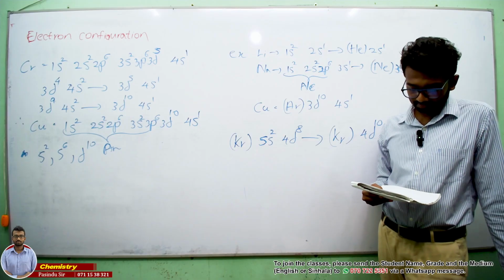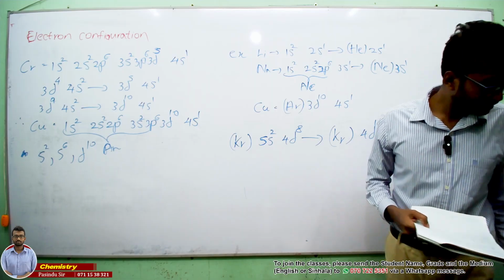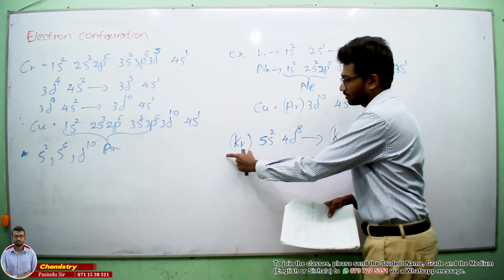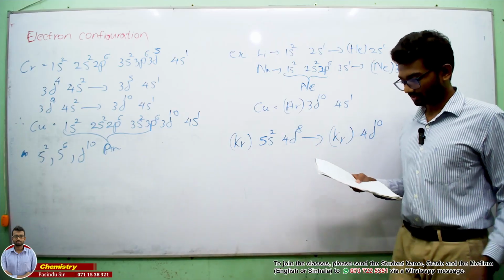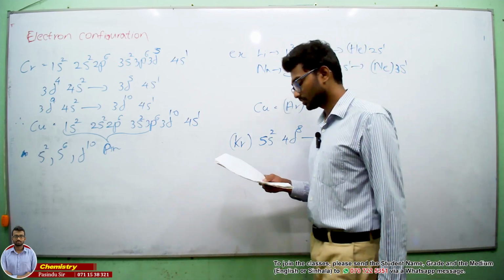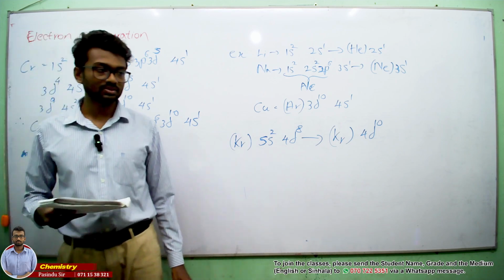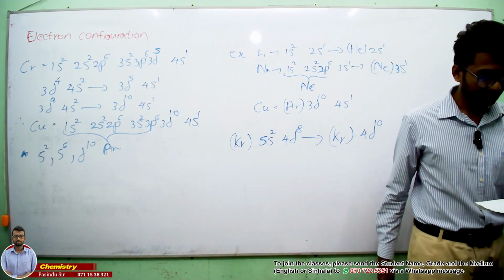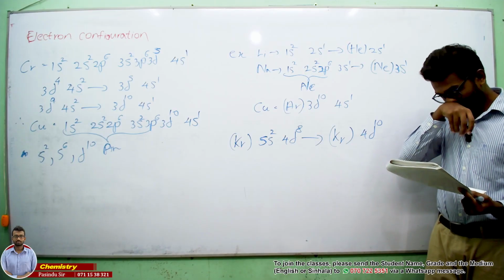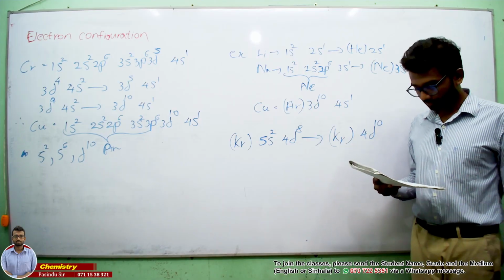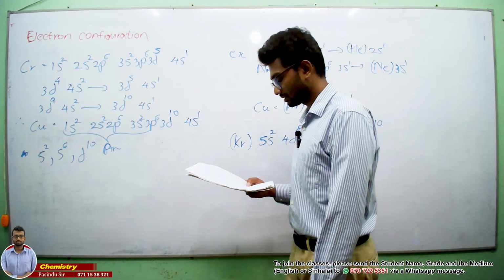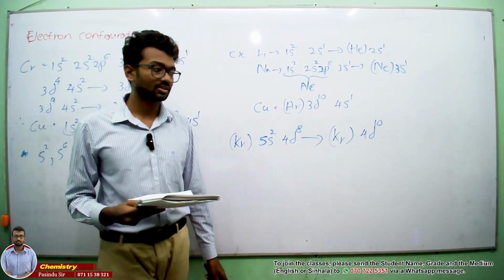In palladium, the Pd electron configuration should be this configuration, but its actual configuration is [Kr] 4d10.